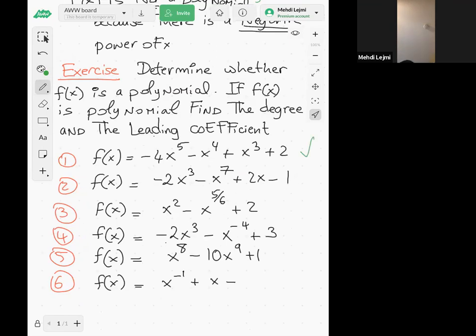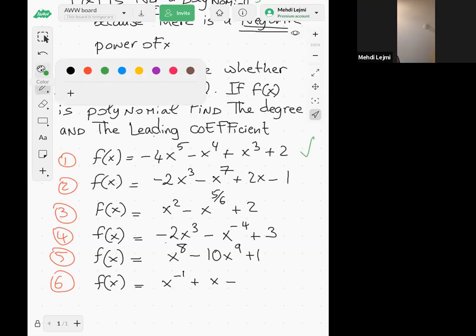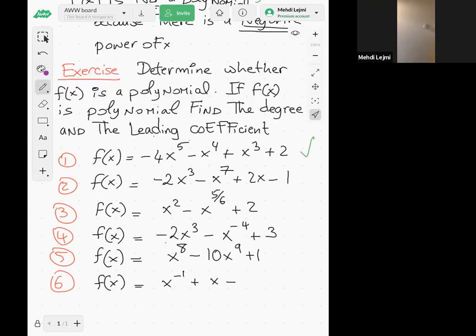Now, what will be the degree of the polynomial f? Again, the degree is the highest power of x. So here, the highest power of x would be 5, so my degree is 5.